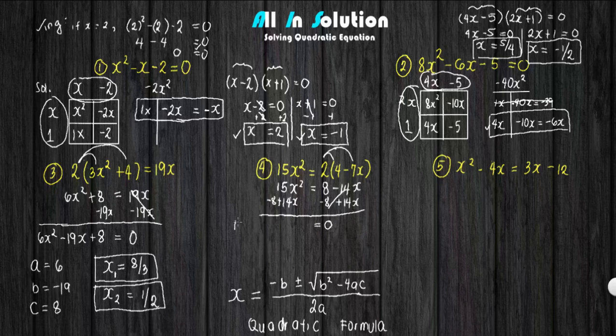At yung left side naman natin ay meron tayong first term na 15x squared, second term na 14x, at yung third term natin ay negative 8. Okay? So, I think naka-standard form na ang ating equation. So, we have A value na 15. Yung second leading coefficient natin ay positive 14. At yung C ay negative 8.